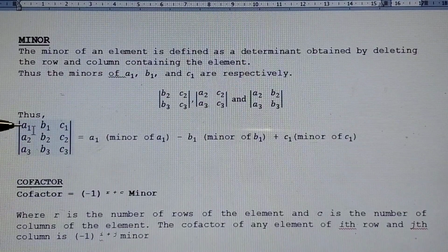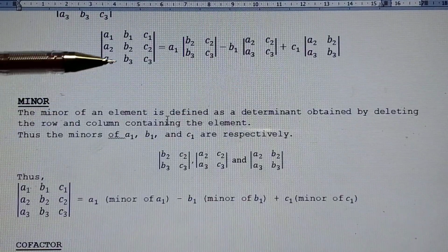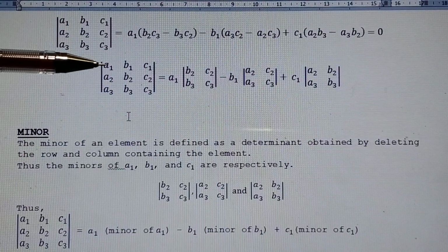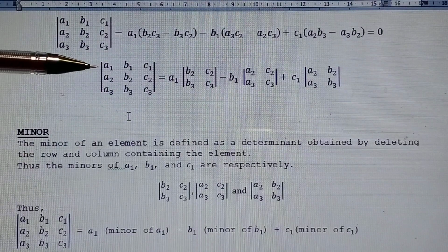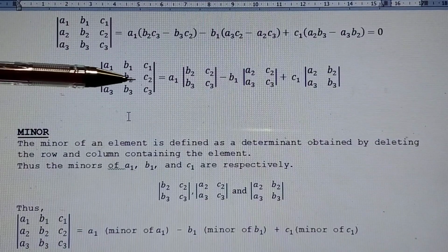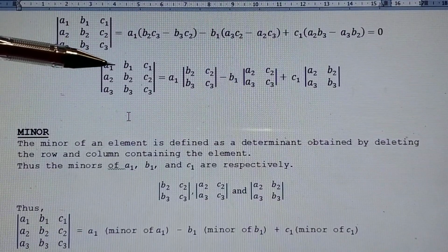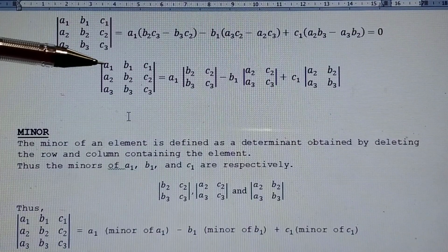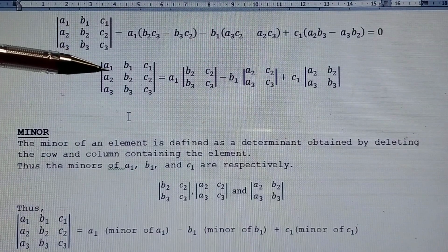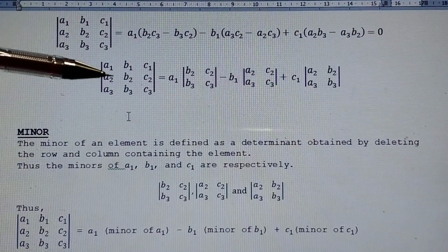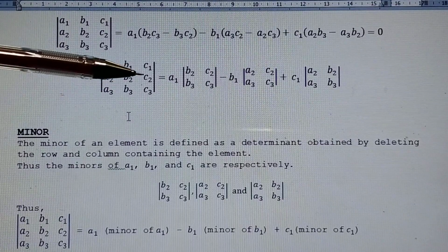So, for A sub 1, kung ito yung kanyang location, itong corner na to, ito yung column, ito yung row. Kaya ito yung row 1, row 2, row 3, column 1, column 2, column 3. Ito yung location ng A sub 1. Row 1, column 1. So, kapag kinross out natin yan, ang matitira ay B2, B3, C2, C3.